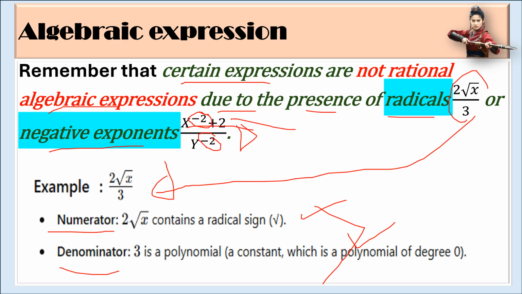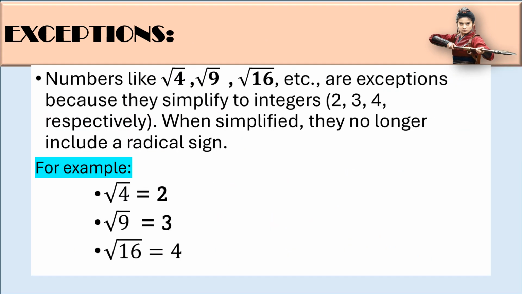But of course, there is an exception. Let's continue. Here are the exceptions. Numbers like square root of 4, square root of 9, square root of 16, etc. are exceptions because they simplify to the integers 2, 3, 4 respectively. When simplified, they no longer include a radical sign.